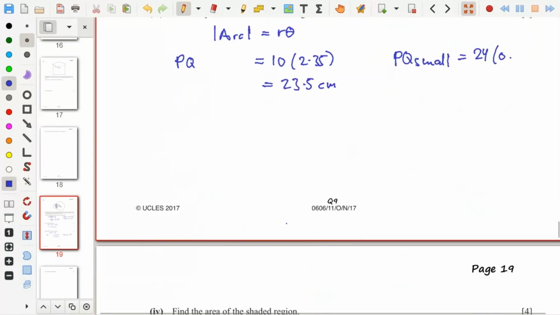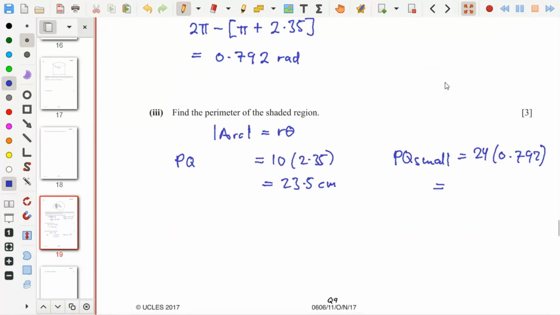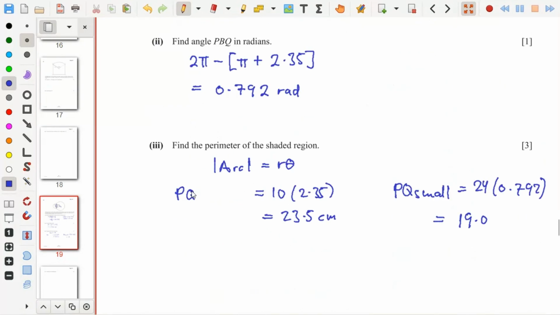Okay, 0.792. So calculate this and see what you get. So I'm getting 19.000. 19.0.